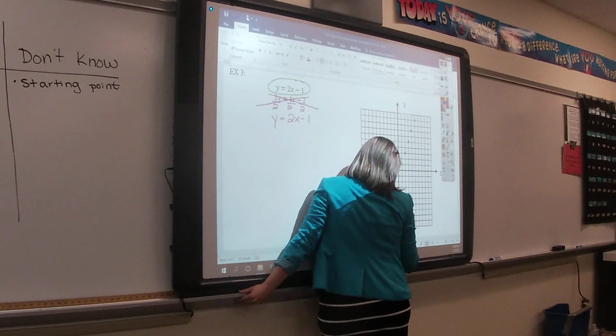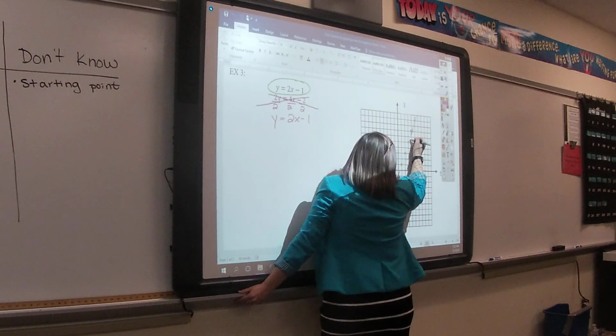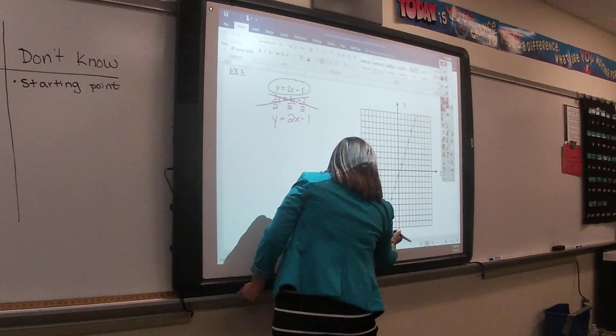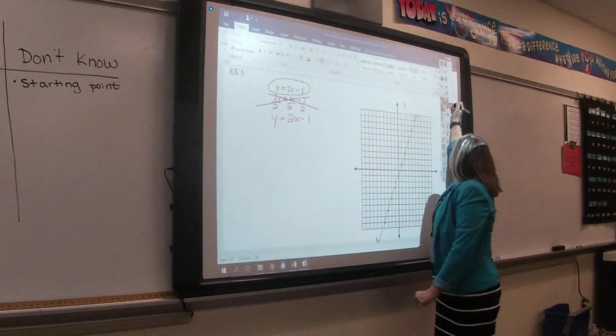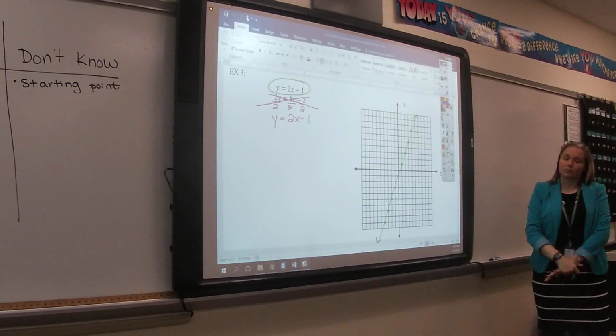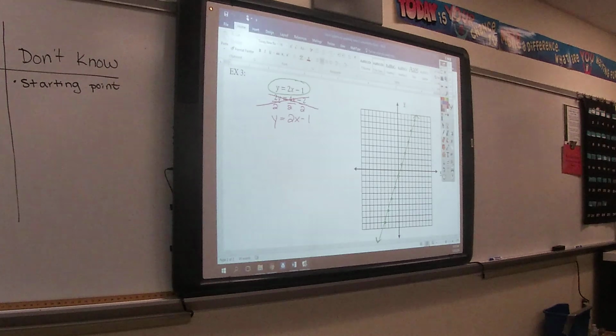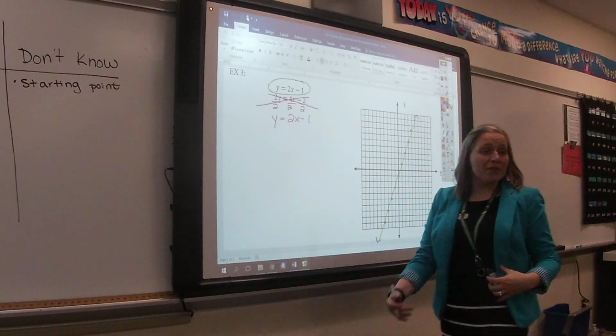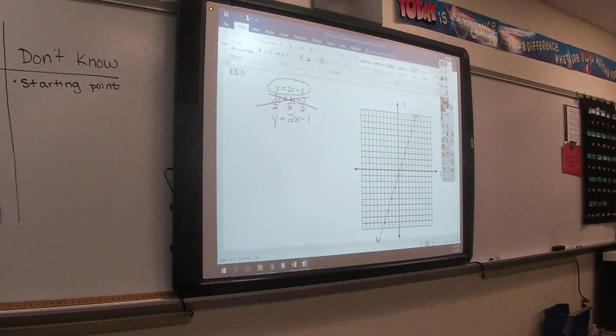Okay, and then we said we would ignore the fact that we had graphed 1 on the graph to start with, and we would flip to the other graph.